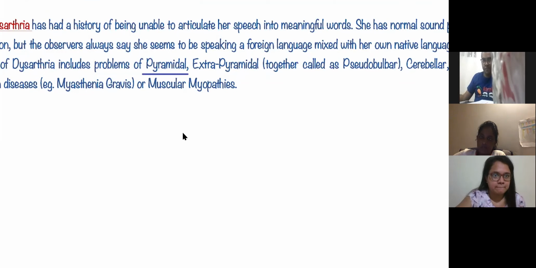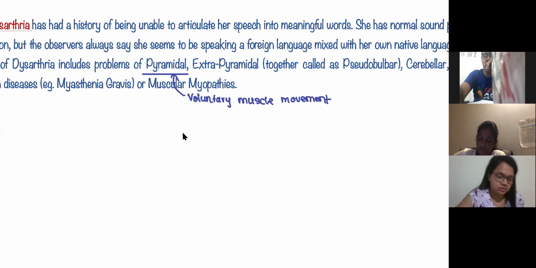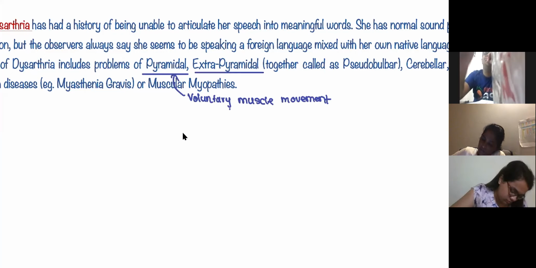So the pyramidal pathway is involved in voluntary muscle movement, basically the corticospinal tract.